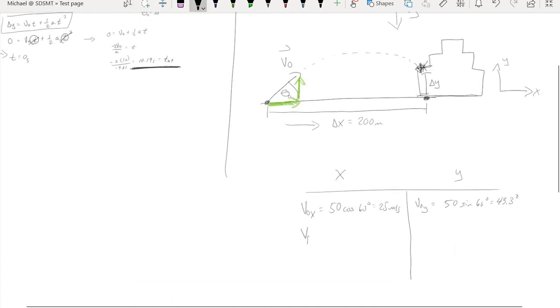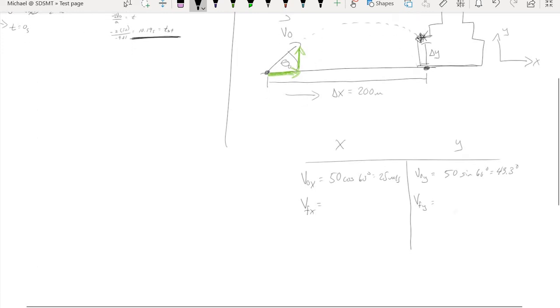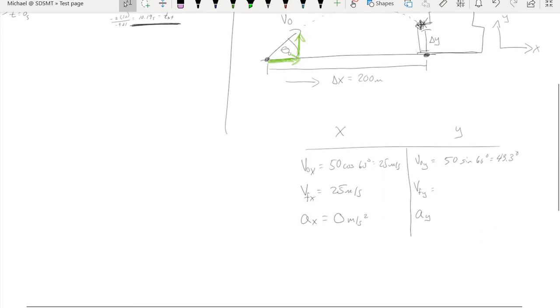For the final components, again, we didn't really ask about those, but we could solve for them if we wanted to. Components of acceleration: until further notice, acceleration in the x is 0, but that means we know what the final component of velocity in the x direction is.